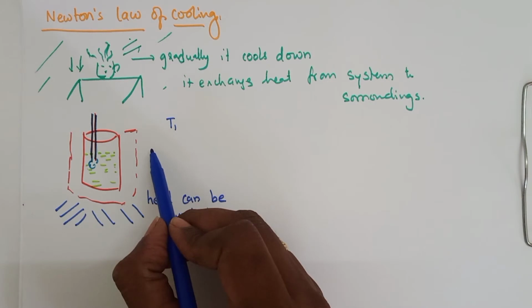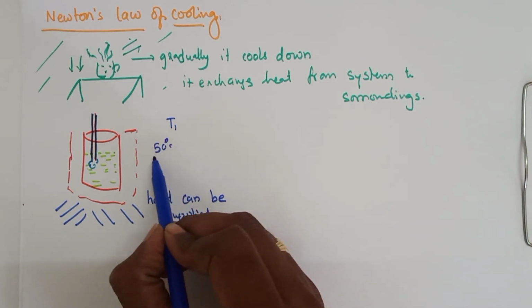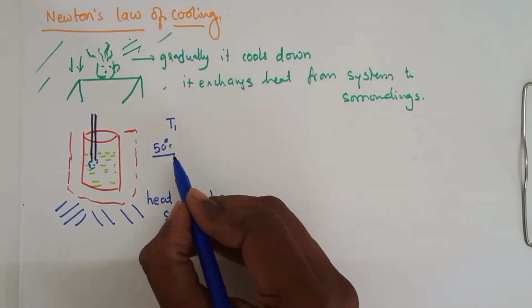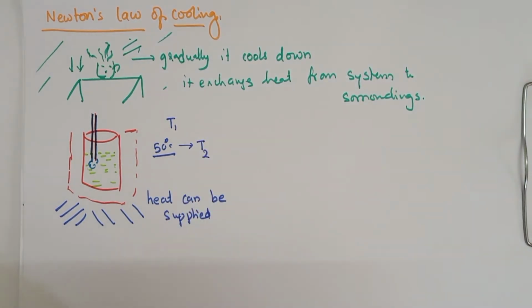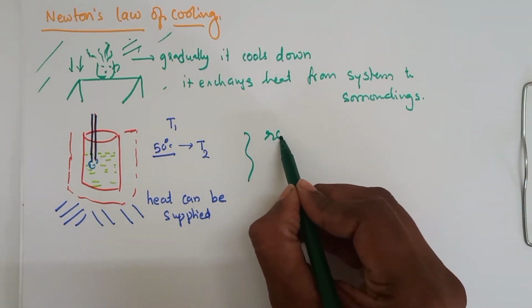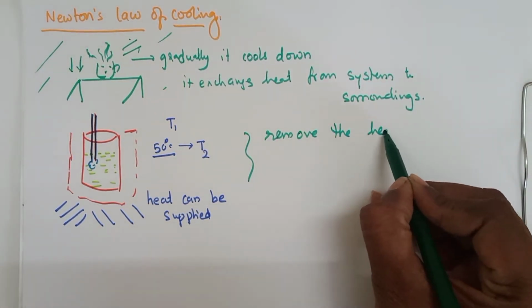Let us say it is above 40, like 50 degrees centigrade, until the heat has been supplied. After reaching temperature T2, you stop heating and remove the heat source from the calorimeter.